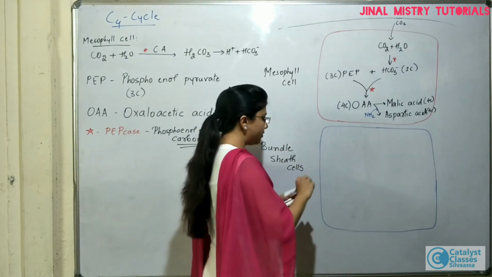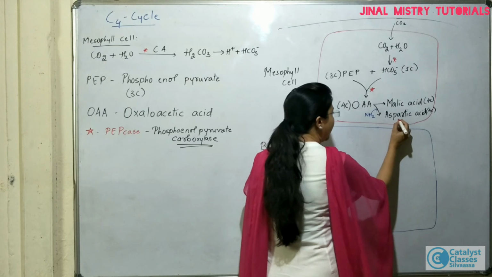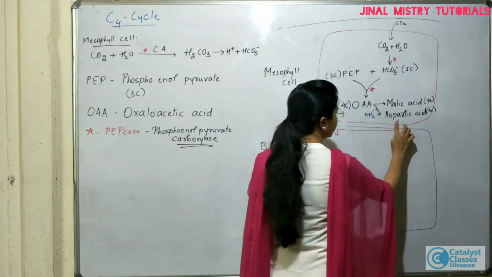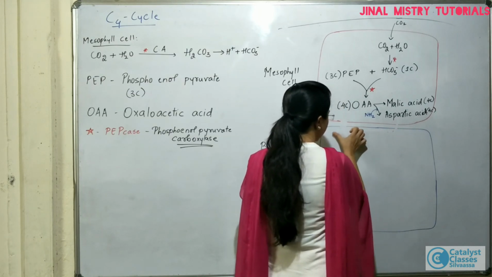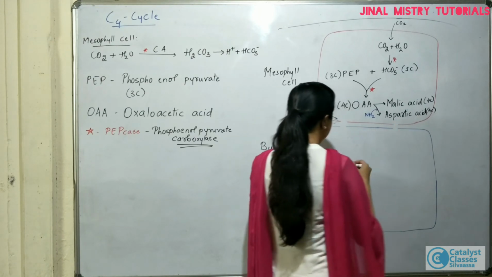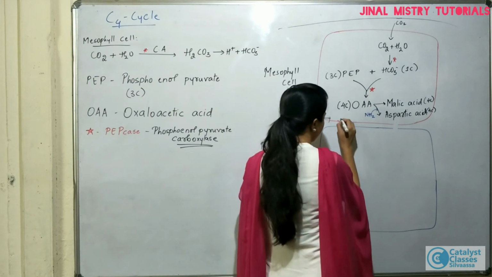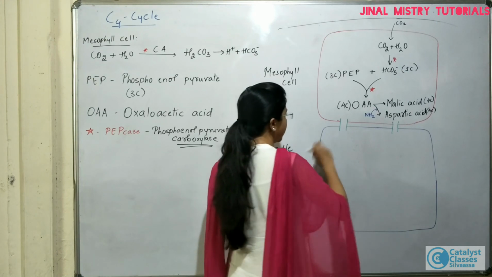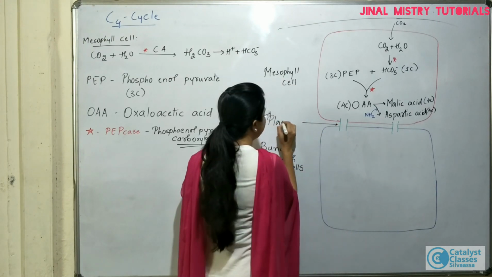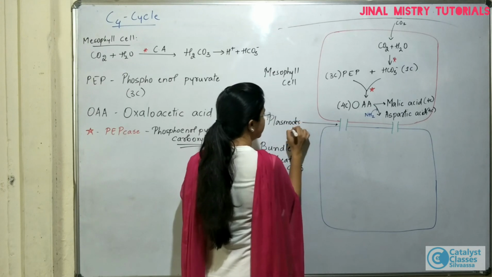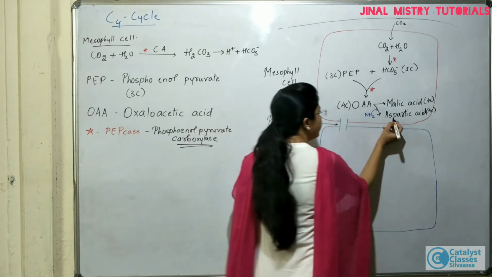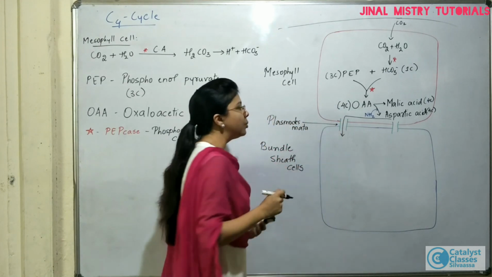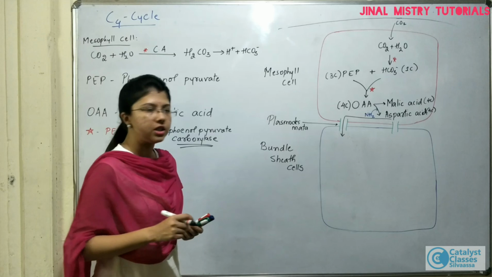Either of the two, whichever is the compound formed, will transfer itself into the nearby cell, that is the bundle sheath cell. This is nothing but the plasmodesmata. Through these plasmodesmata, the connection that is present between the two cells, the aspartic acid or malic acid from the mesophyll cell will now enter into the bundle sheath cell.